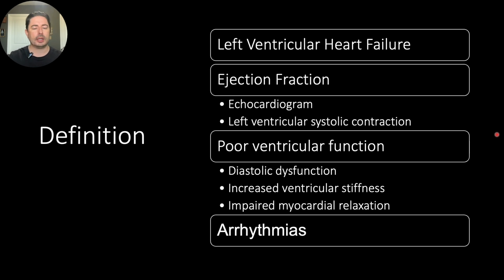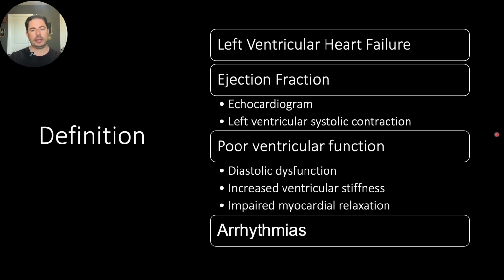Well, this is done through an echocardiogram. It's an ultrasound, a sonogram of the heart, and they're able to measure the volume coming in and the volume that escapes after each contraction. So this is reflective of the left ventricular systolic cardiac contractility.